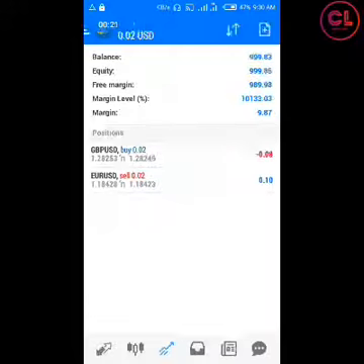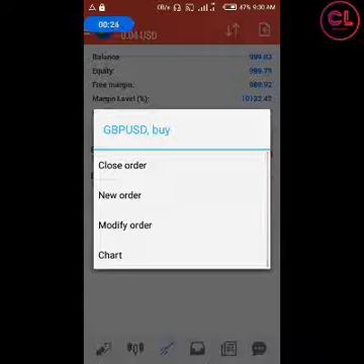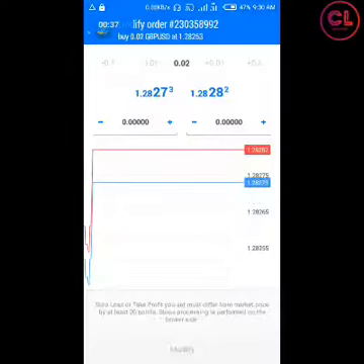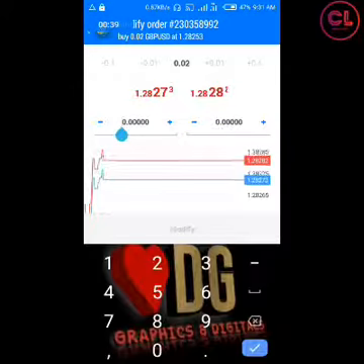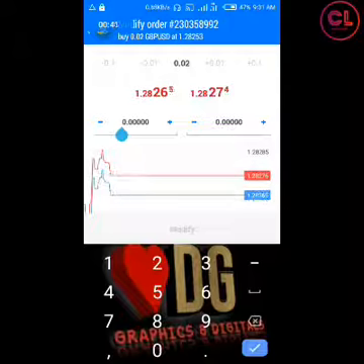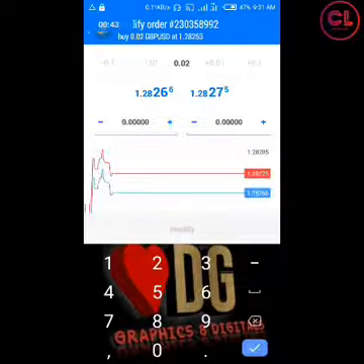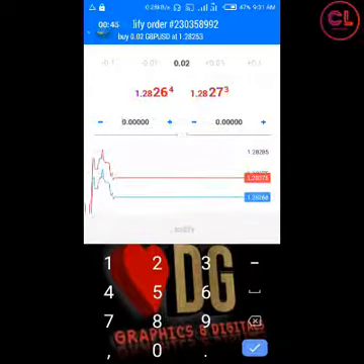When you're opening the order, you can also set your take profit and stop loss before buying it, but I'm just doing it like this to make it easier for you to understand. Modify. So because you are buying, your stop loss will be low, then your take profit will be high.